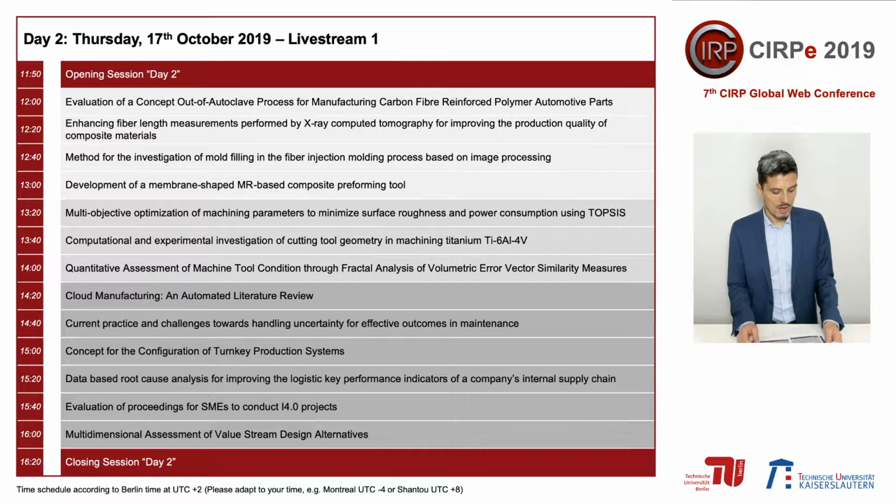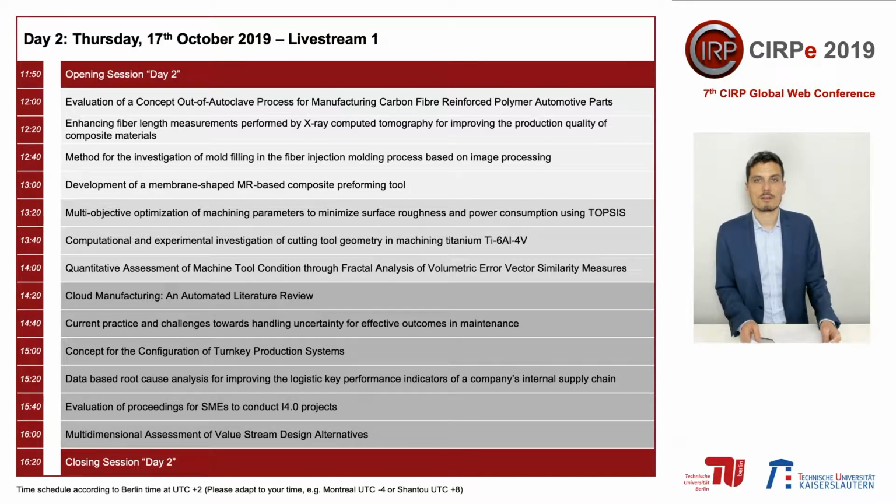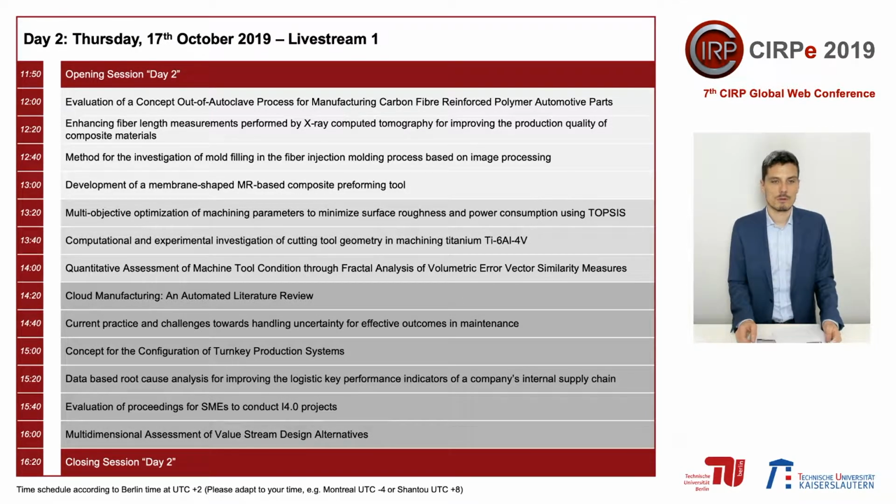Then the third paper in this series is about quantitative assessment of machine tool condition through fractal analysis of volumetric error vector similarity measures. So that's that for the second group of papers tomorrow in the stream.